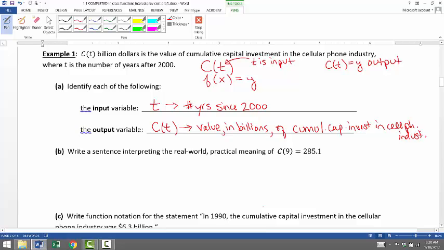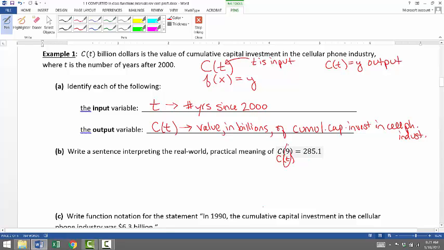So it says write a sentence interpreting the real-world practical meaning of the statement C of 9 is 285.1. So again, we should compare that back to the C of T. C of T is 285.1.